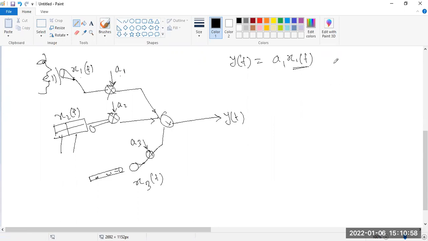This is your gain. And just like this, a2 x2(t) plus a3 x3(t). Okay, this is your complete signal.